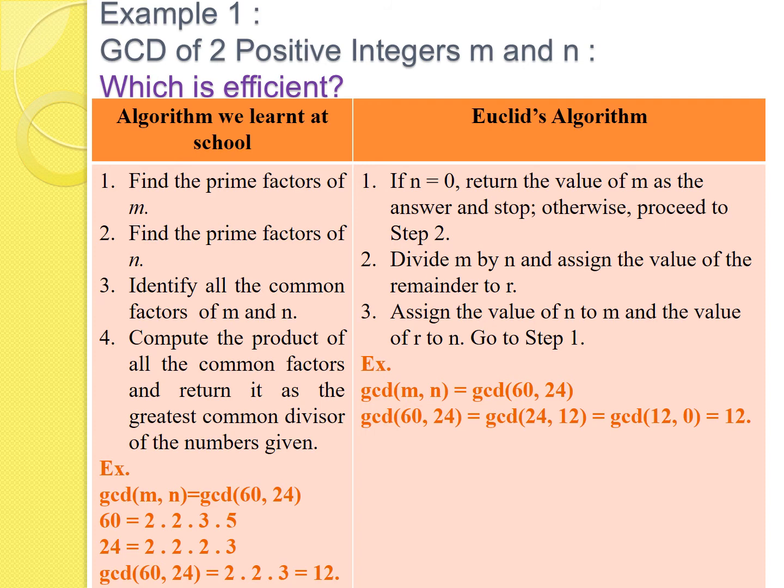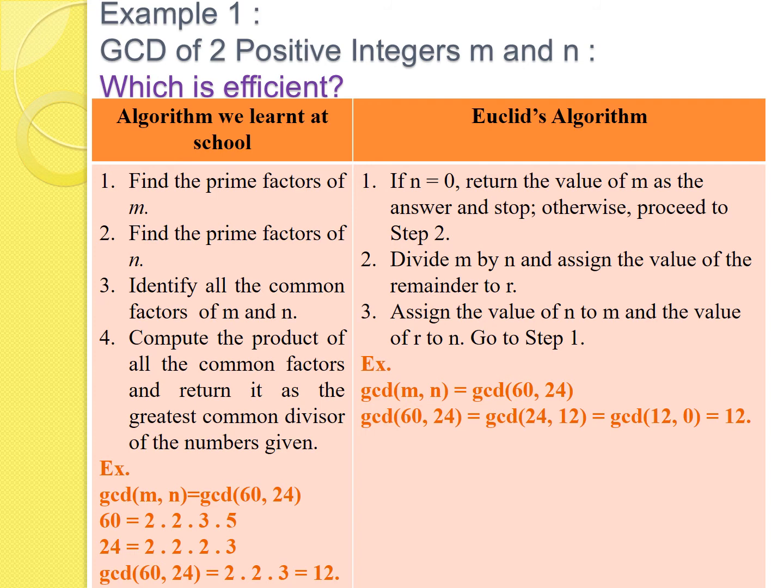So to find the GCD of 60 and 24, we divide 60 by 24, getting a remainder of 12. Now 24 is assigned as m and 12 is assigned as n. Again, we divide 24 by 12 with the remainder 0, and 12 is assigned to m and 0 to n.